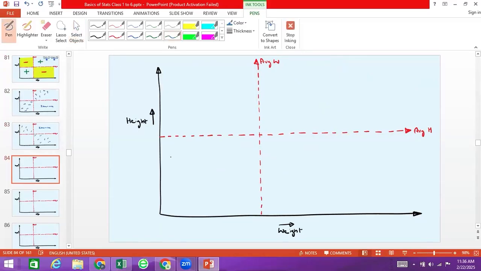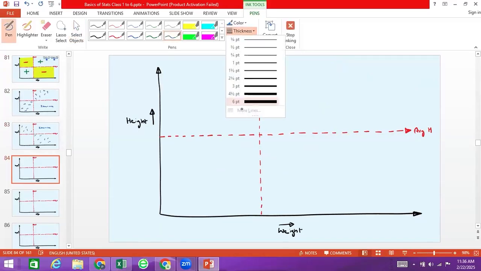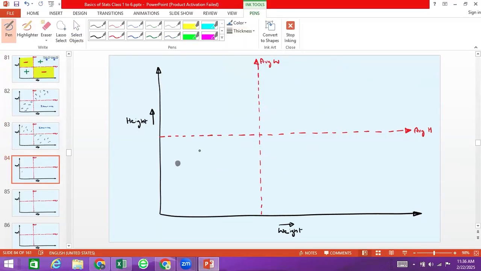What if it is something like this? And there is one point here and one point here also. So the point being is that these all are giving you positive areas.